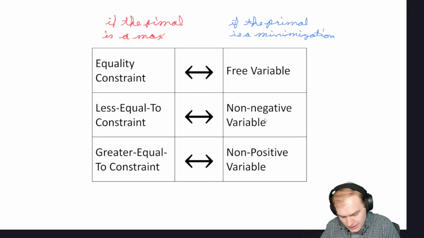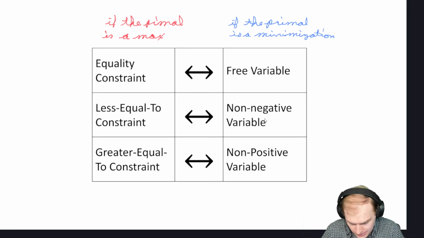And so for that, a greater than or equal to constraint actually corresponds to a non-negative variable, and a less than or equal to constraint corresponds to a non-positive variable.